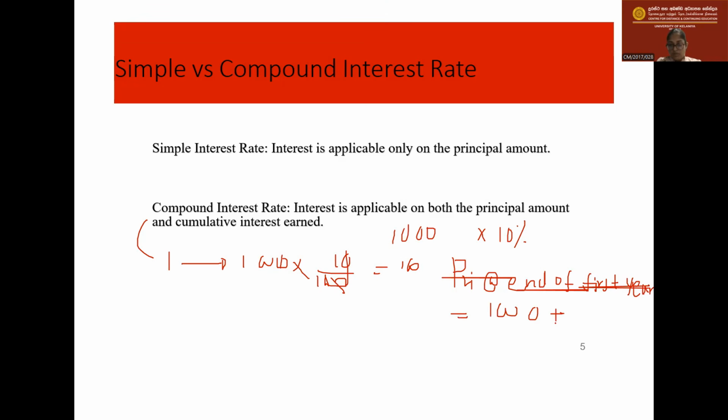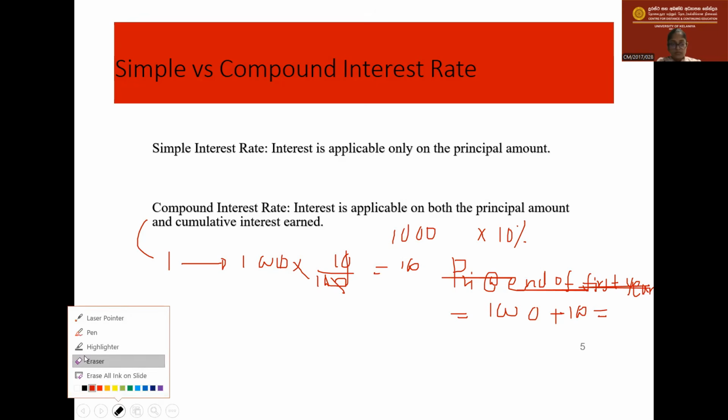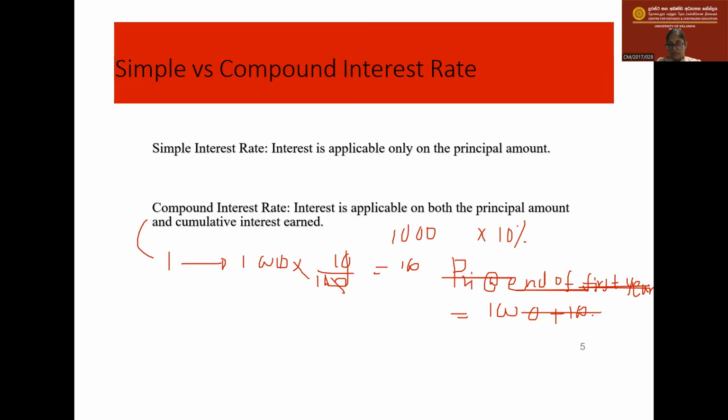1,000 plus this 100. Therefore, what would be the total amount at the beginning of the second year? It's how much? 1,100, right? So is this the interest?